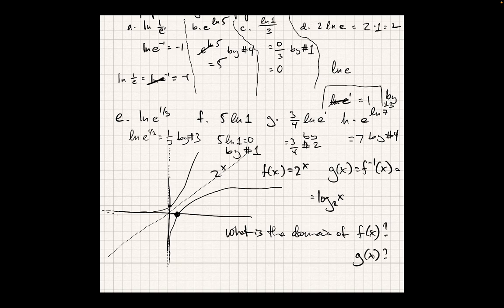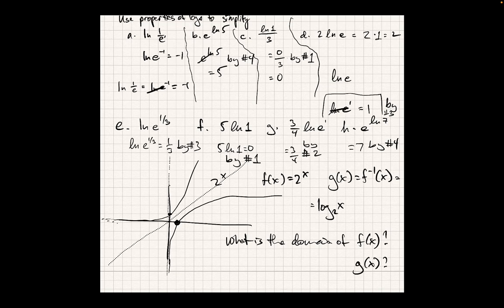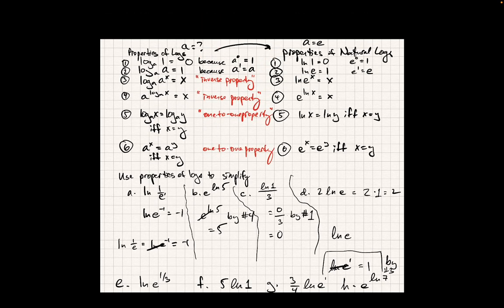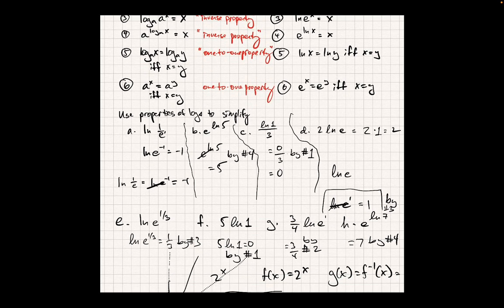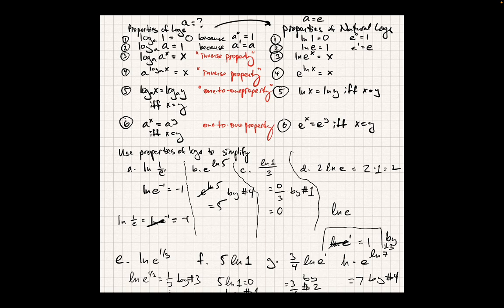Wait, what property was letter A? So we had to rewrite 1 over e as e to the minus 1, and then we used the inverse property. But what log property? Inverse property, 3 or 4? 4. Okay. But on homeworks and tests, you're not going to say by number 4.